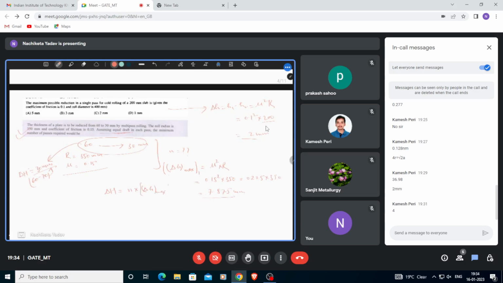So 30 equals n into 7.875, so n equals 30 divided by 7.875. So here we will get 3.8. So the minimum number of passes required will be 4. Sanjit and Prakash.